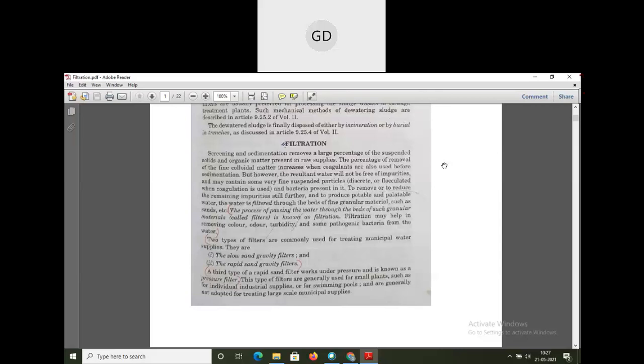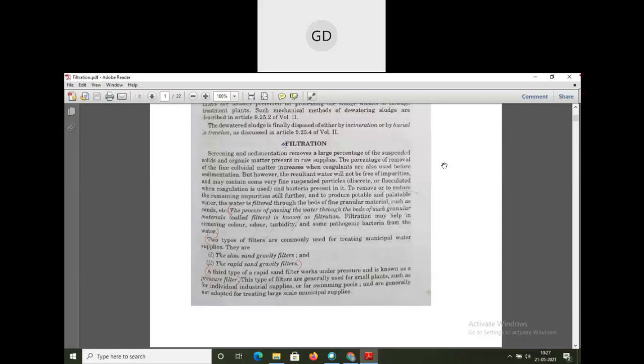Basically, there are two types of filters that are used most in treating municipal water supplies. Number one is the slow sand gravity filter, and the second is the rapid sand gravity filter.